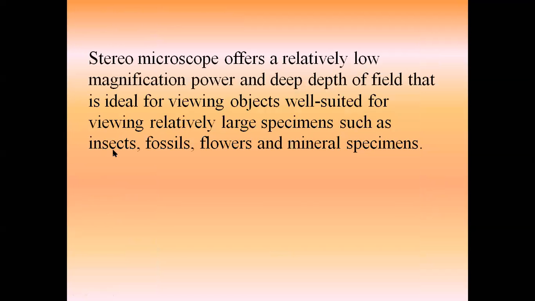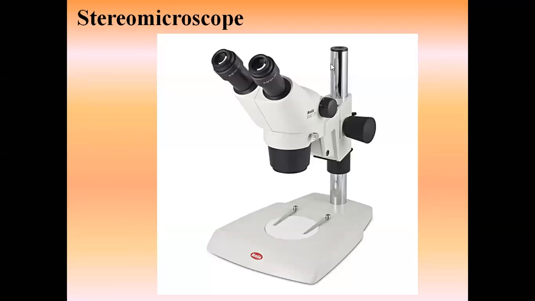The advantage of the stereo microscope, if we talk about the objective lens options and all those things, is that some specimens which need a greater depth of field can be seen on this stage, and all those specimens which need 3D viewing.